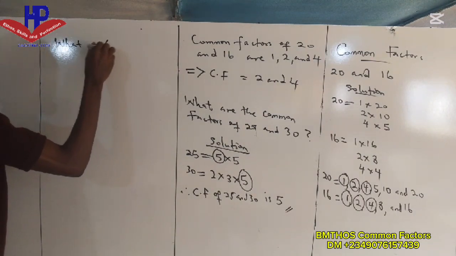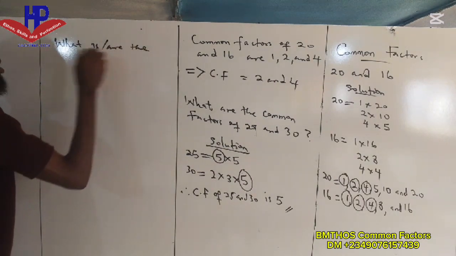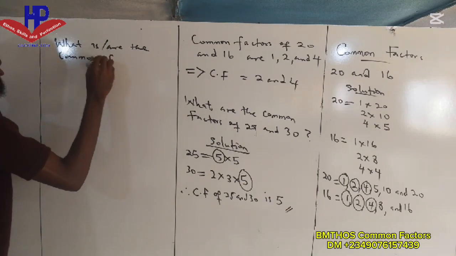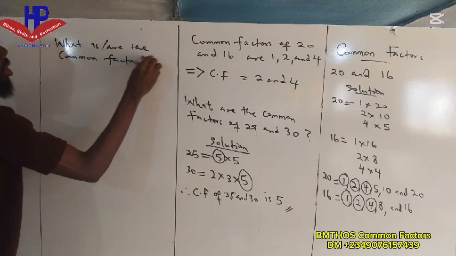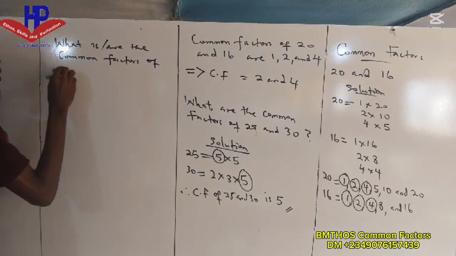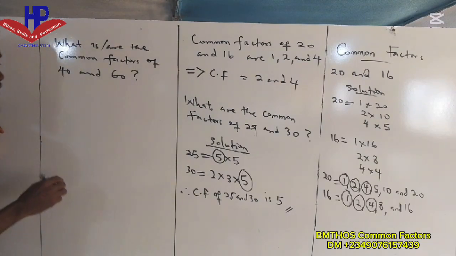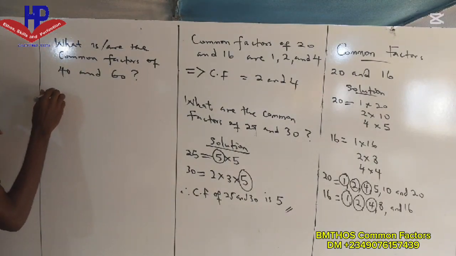What are the common factors of 40 and 60? Let's try 40 and 60. Let's break 40.